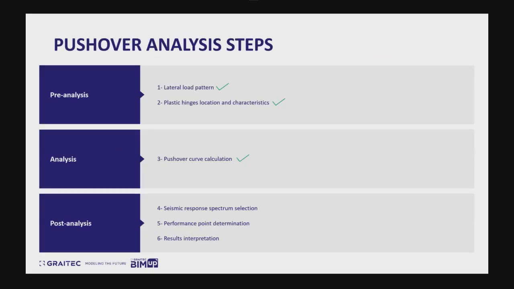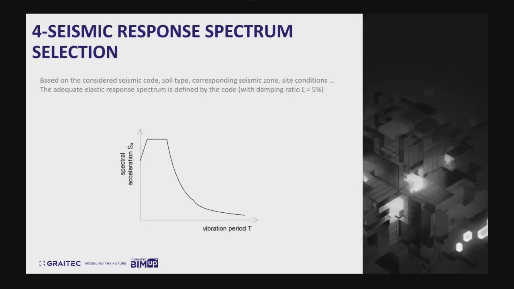The final step of a proper pushover is the post-analysis, where results are interpreted. Until now, we have only talked about the lateral structural resistance capacity. We didn't mention anything about earthquake demand, what the earthquake wants from the structure. This seismic demand is represented by the seismic response spectrum of the earthquake.